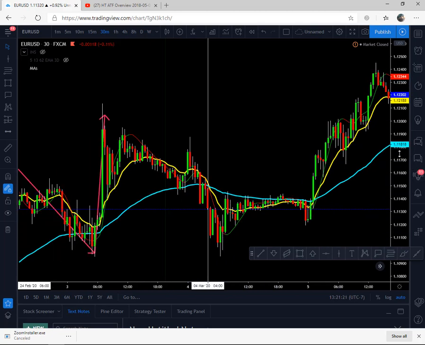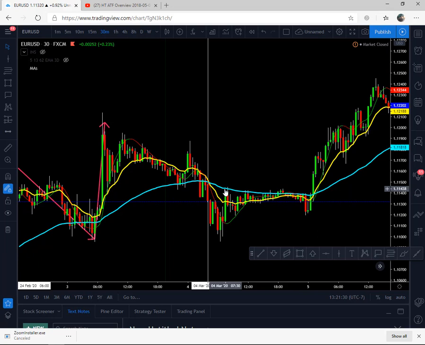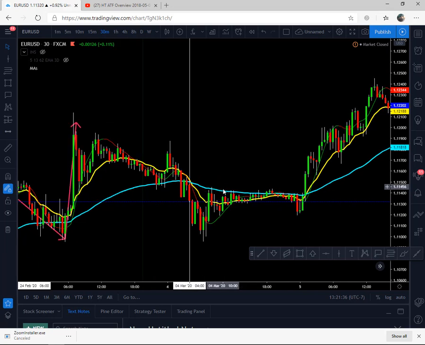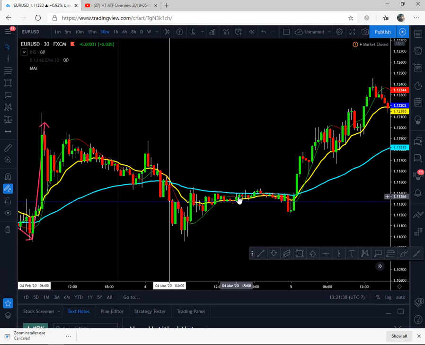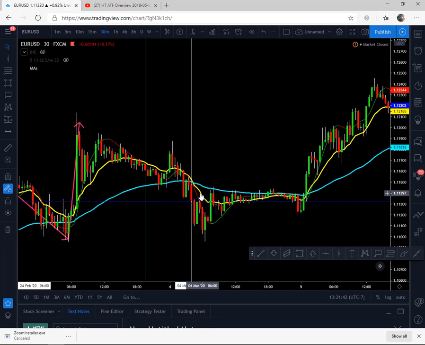Although it was a new cross and price was beneath the 62, price failed to do lower lows. Lower lows are pretty much a downtrend.